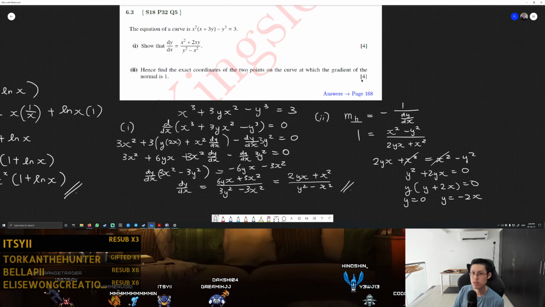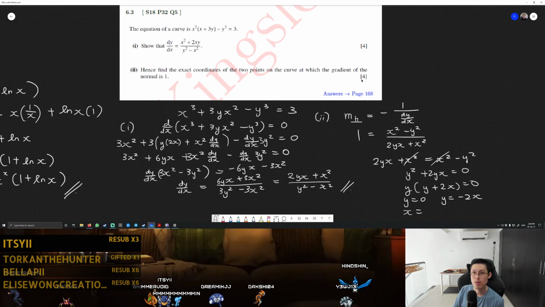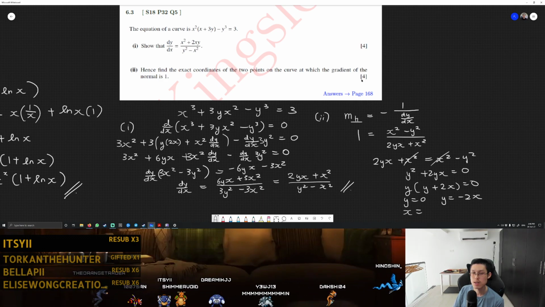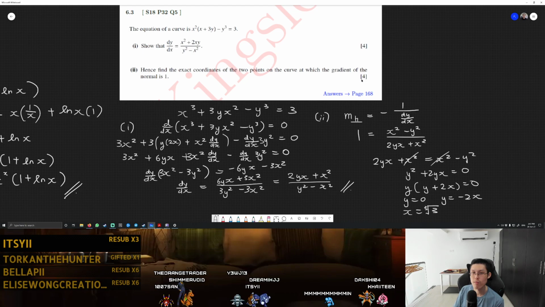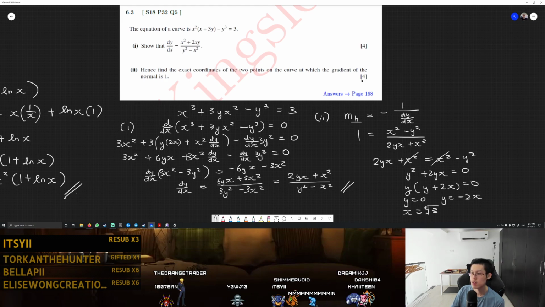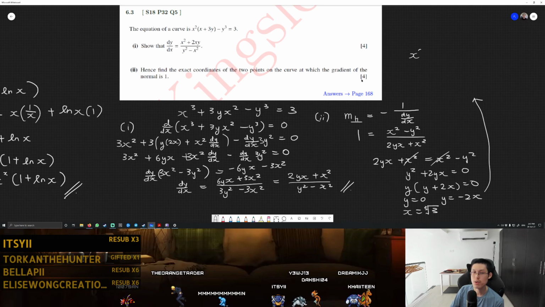So when y is 0, what is x going to be? Well, x is going to be the cube root of 3. And then when y is negative 2x, let's chuck that into our equation here.